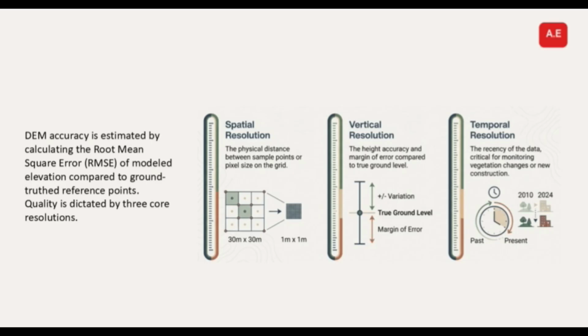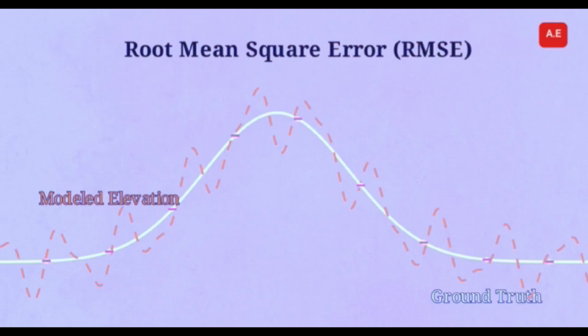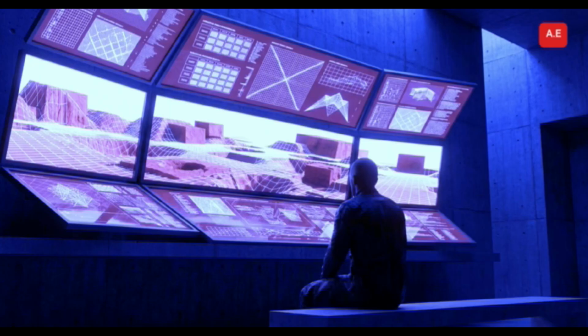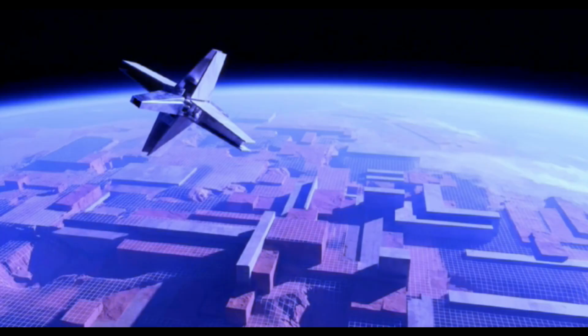To measure this accuracy, modelers calculate the root mean square error, or RMSE, comparing the modeled elevation against ground truth reference points. Practitioners must constantly balance these three metrics based on the scale of the project and the processing power available to them. High-resolution data sets require specialized remote sensing methodologies to capture data at scale.